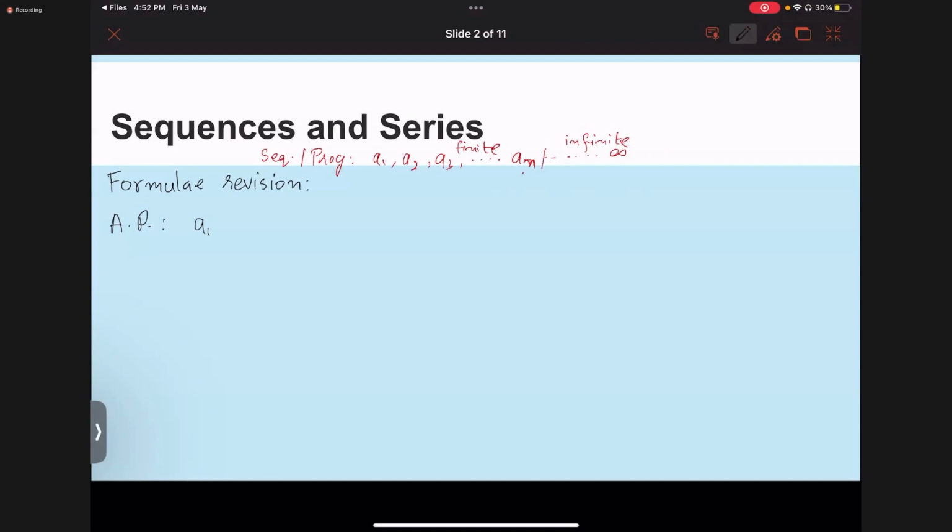So for AP, your first term, suppose, is called a, and there is a common difference d between the two terms. So A2 minus A1 will also be equal to A3 minus A2, and so on.